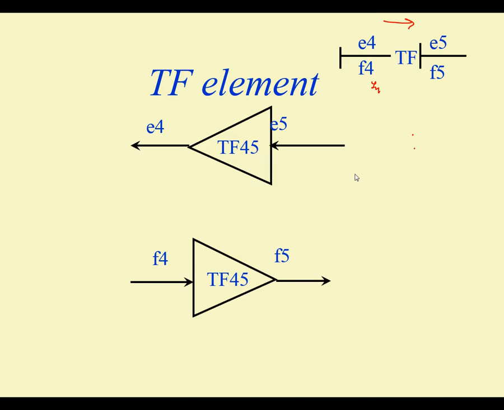See, so 4 is the output. See, this is how you should read. This is out, and this is out too. This is in. So what happens is you read from here to here that E sub 4 times this modulus.